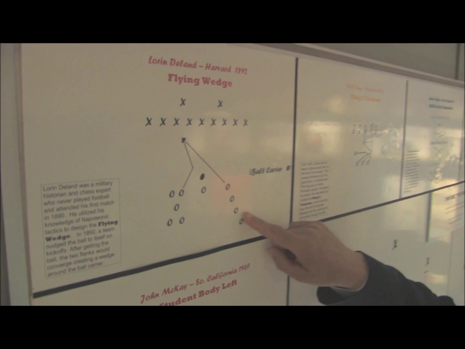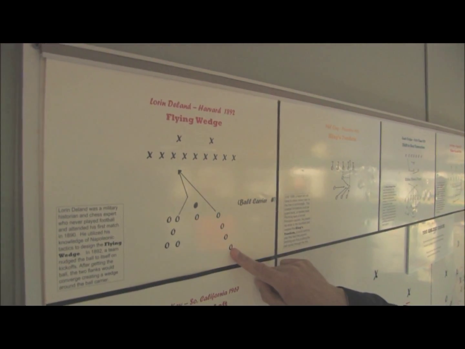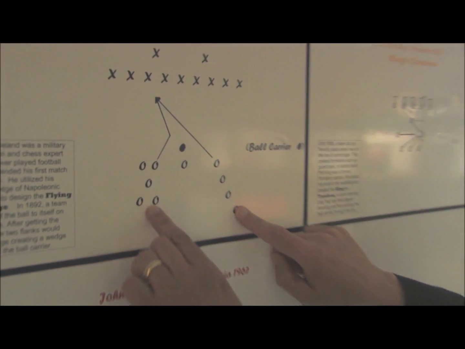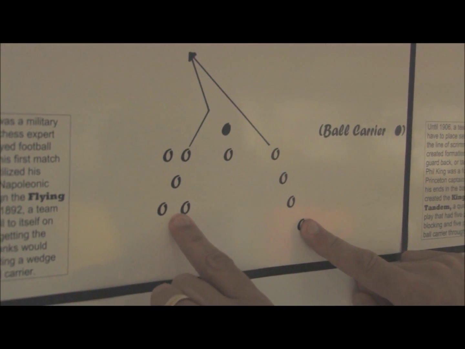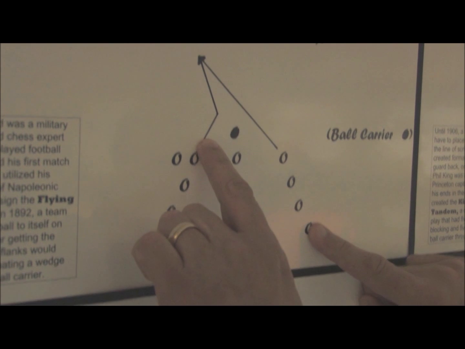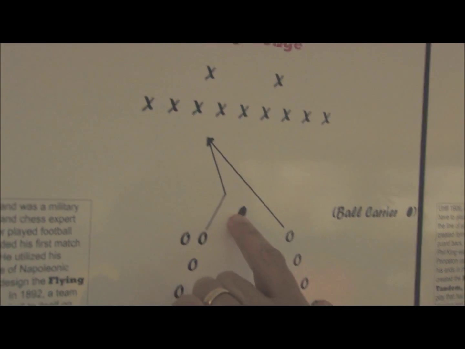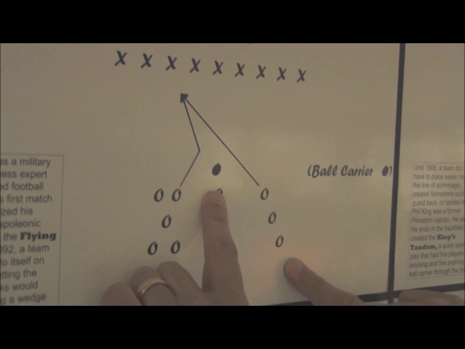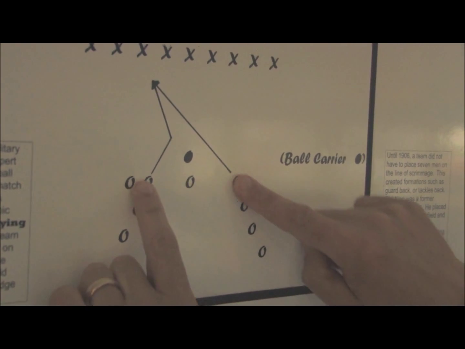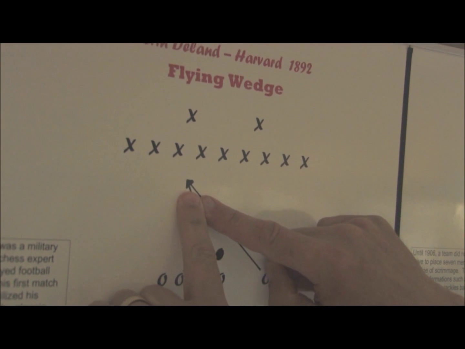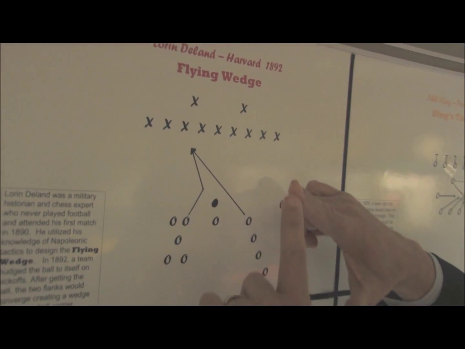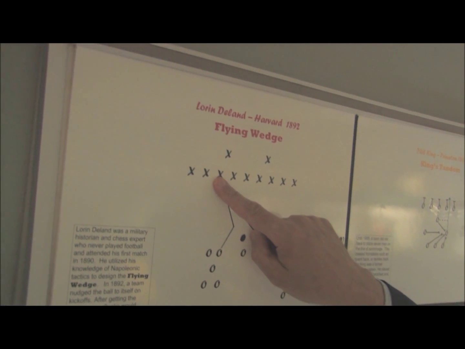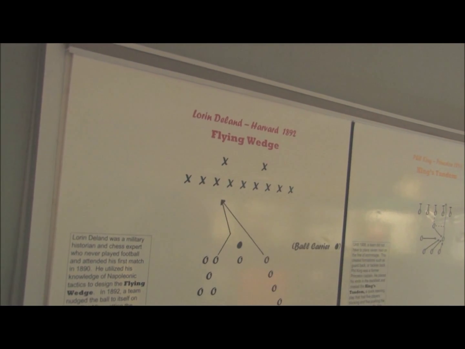Now on this side of the line, you had the faster members of the Harvard team, and these would be the slower members, the bigger and slower members of the Harvard team. They would then run down the field preceding the ball carrier, and the faster members would then come on this side, on the opposite side of the ball, and then catch up to the larger members, and they would form a wedge. And they would then attack just one point in the opposing line.